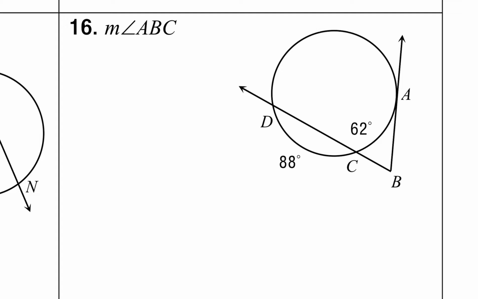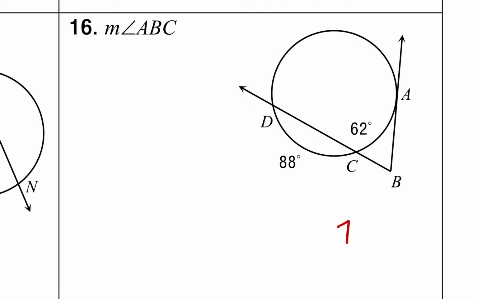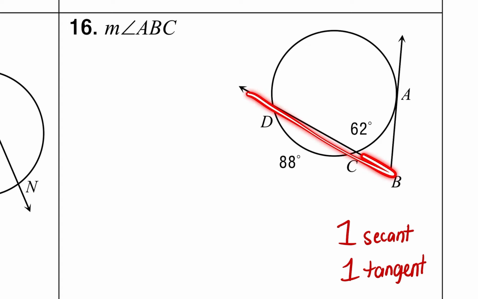Okay, number 16. In this scenario, we have one secant line and one tangent line. So here's your secant line going through the circle, and here's your tangent line that just touches the circle in one place. Okay. They want the measurement of angle ABC, so that's this angle here.